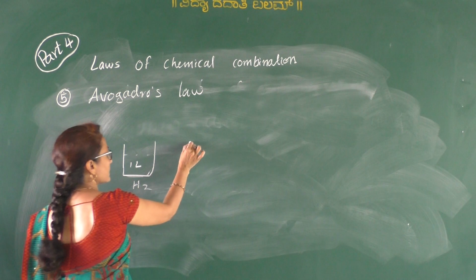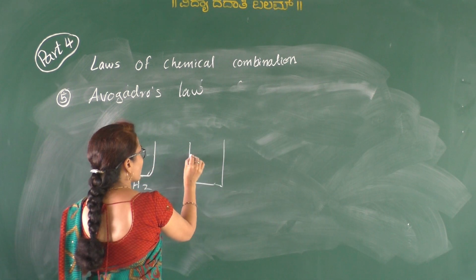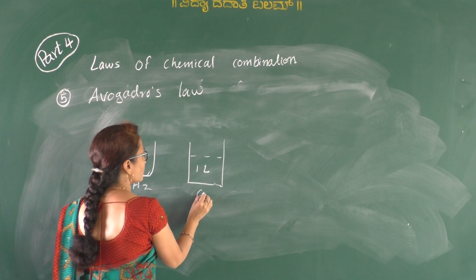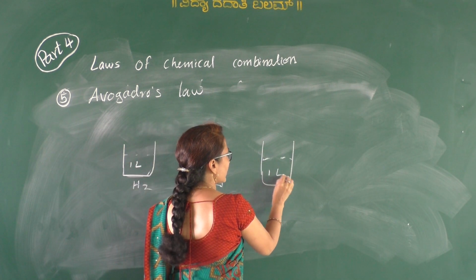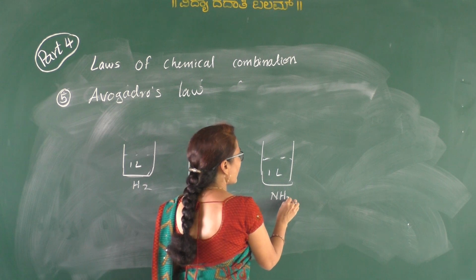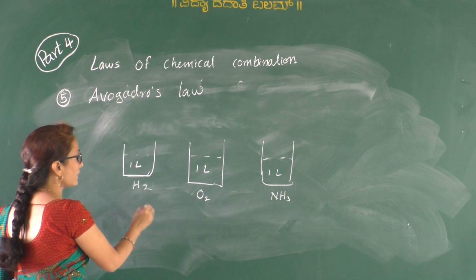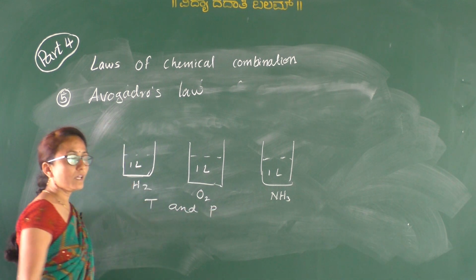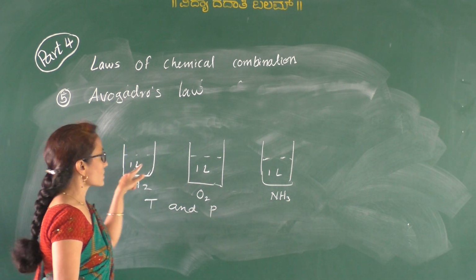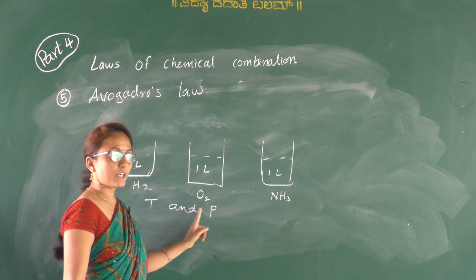Now consider another vessel which contains 1 liter of oxygen. Now consider another which contains 1 liter of ammonia. All are gases, provided all are at the same temperature and pressure. So different gases, same volume, same temperature and pressure.